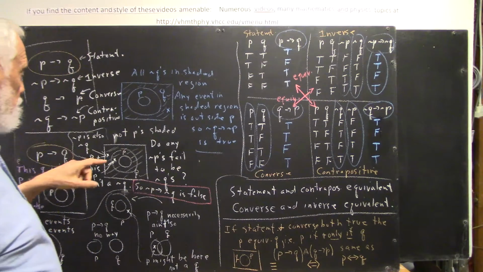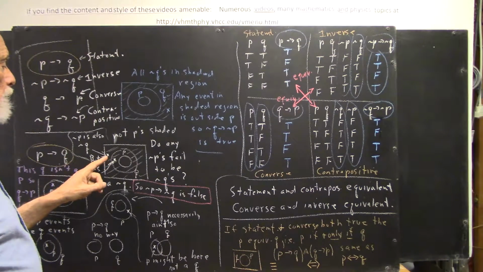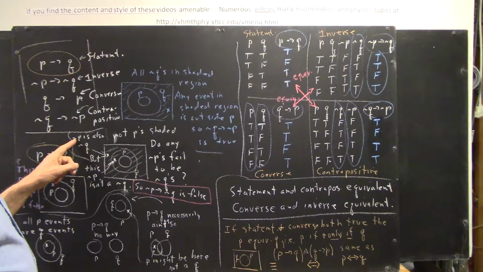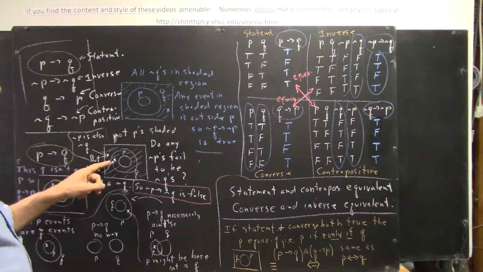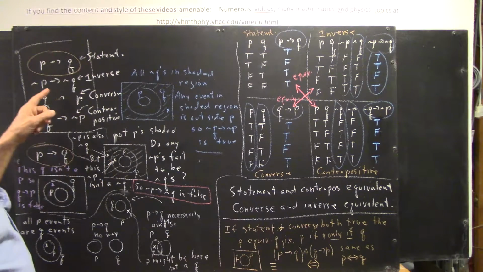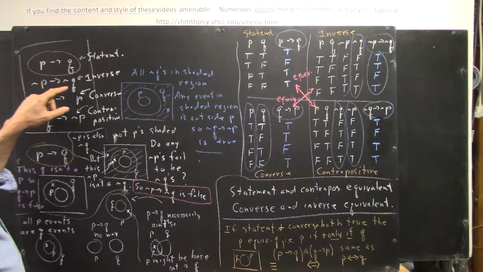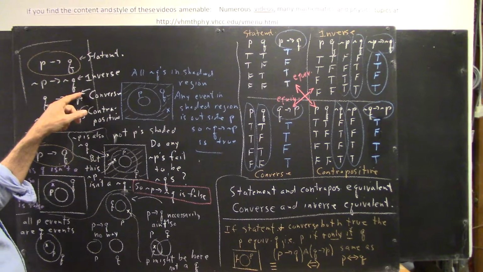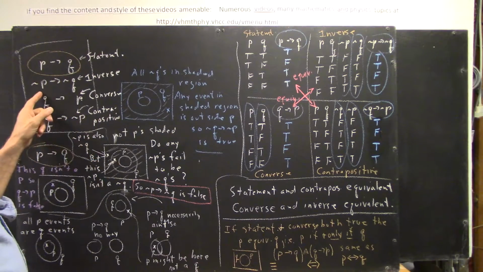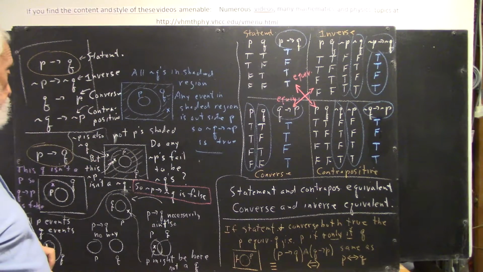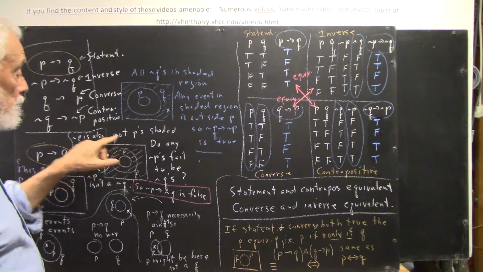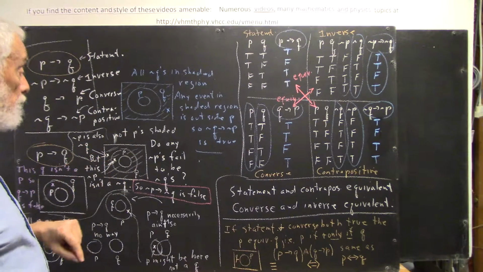So all the not P events are out here. What do we have? Well, we could have an event here. This event is not a P, and it's also not a Q. So if we look at the statement if not P then not Q, this event would not contradict this statement, because here's a not P that's also a not Q. However, we could also draw a not P inside the Q circle but outside the P circle.